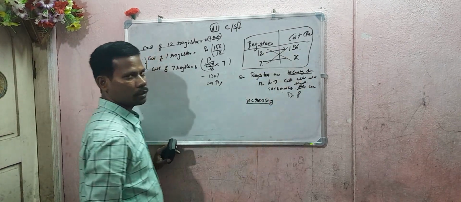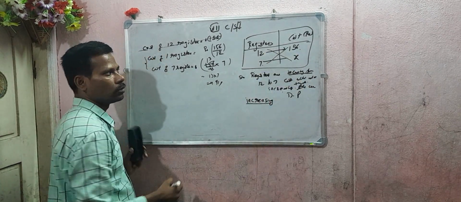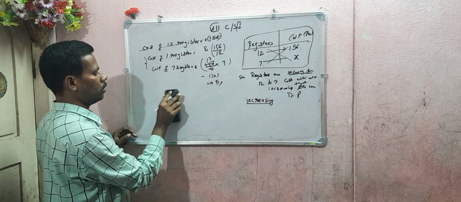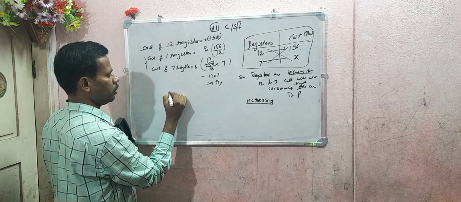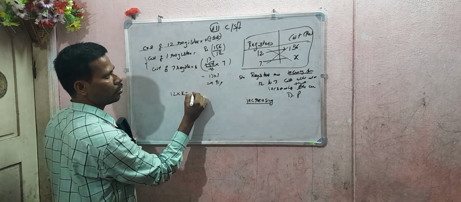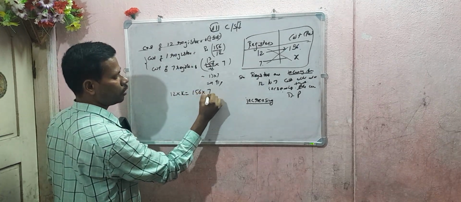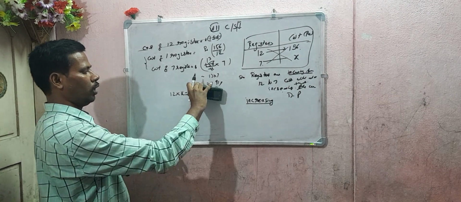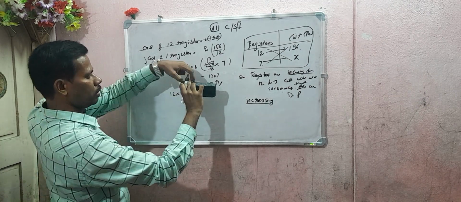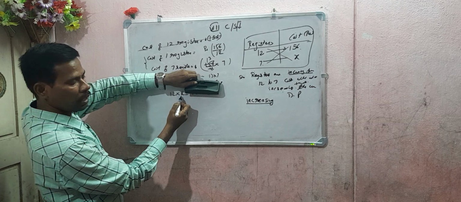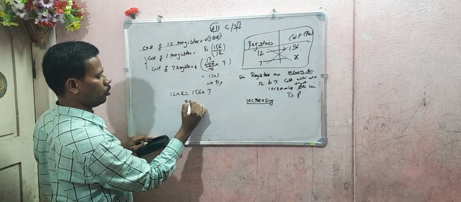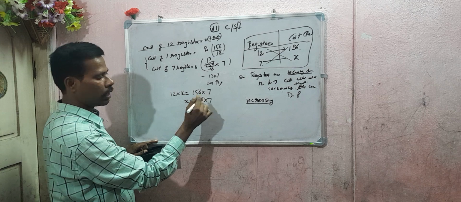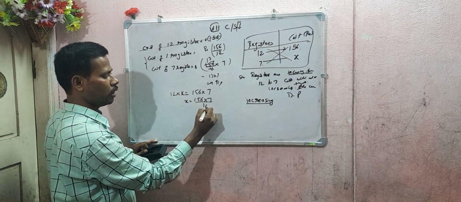Direct proportion is nothing but simply cross multiplication. You do cross multiplication. It's very easy. 12 into x is equal to 156 into 7. What is the number attached to the x variable? 12. So x is equal to, keep this intact, and bring the other thing here.